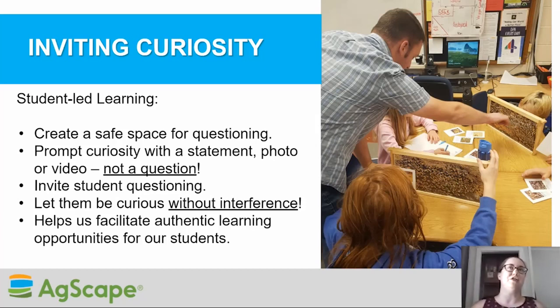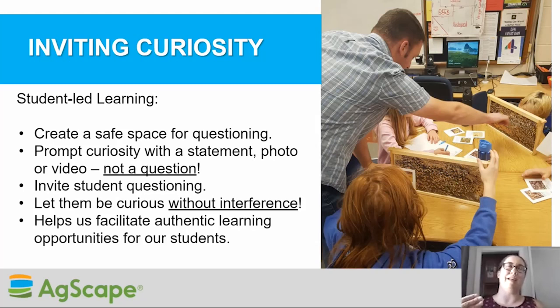So inviting the student questioning, letting them be curious without our interference. For some of you, when you're asking the students to write down something, it could be a question, or it could just be their thoughts on something, and you walk around the classroom and they haven't written anything down, and the first thing that comes to mind is to give them examples.